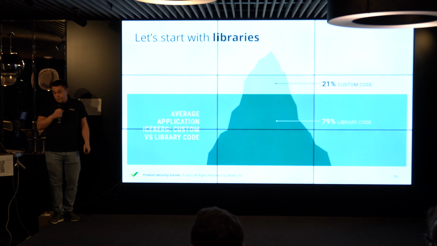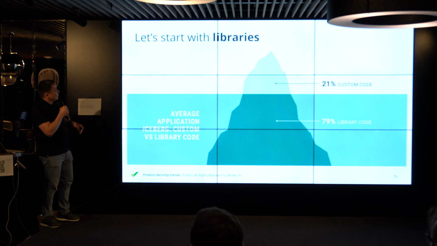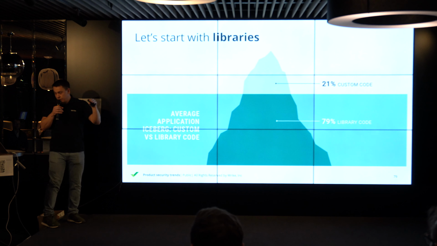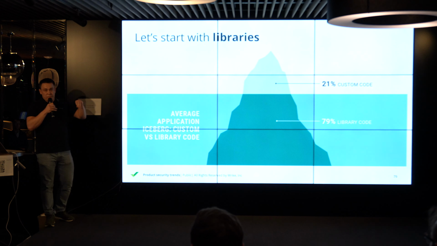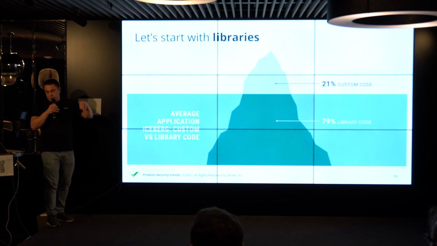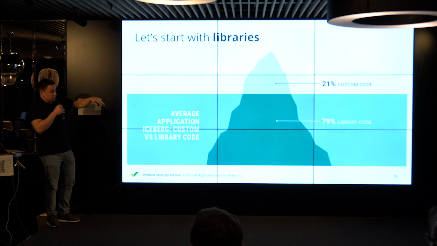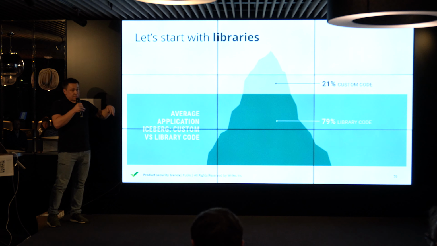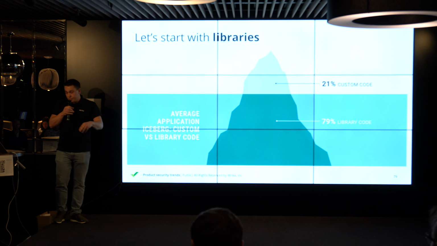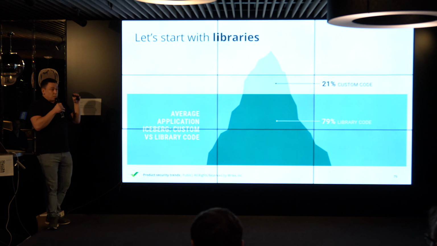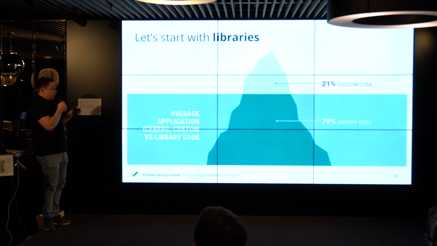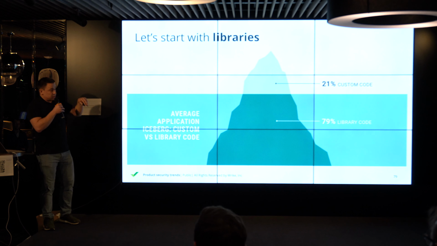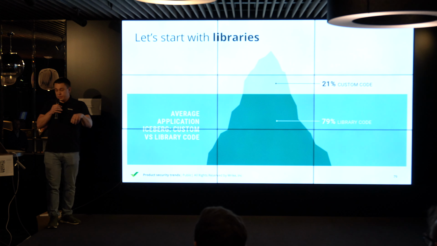And according to this picture, a library is a key component, and 79% of your application, of your product, is library code. So it means that 79% of your application is developed, managed, and controlled by a third party, and where you can't influence somehow.